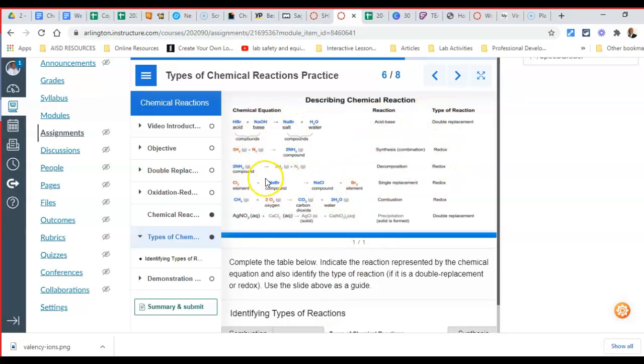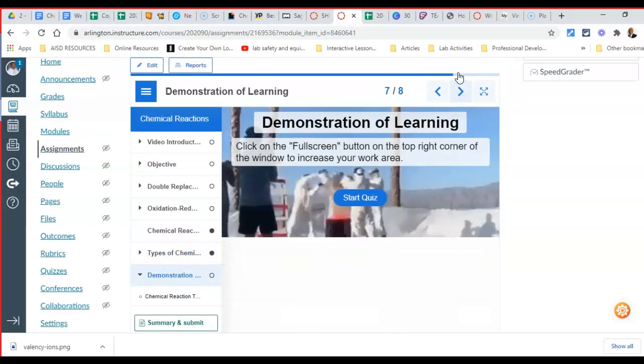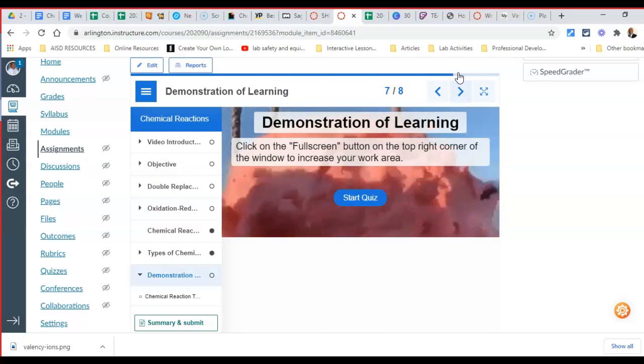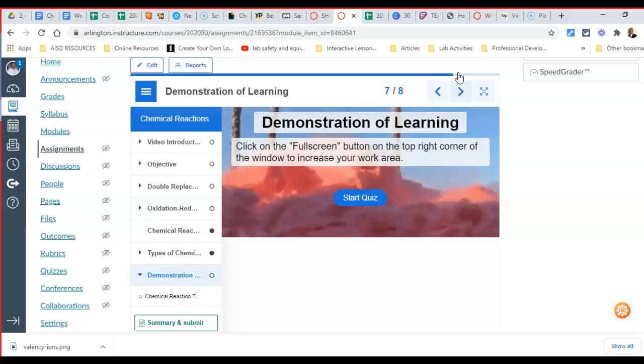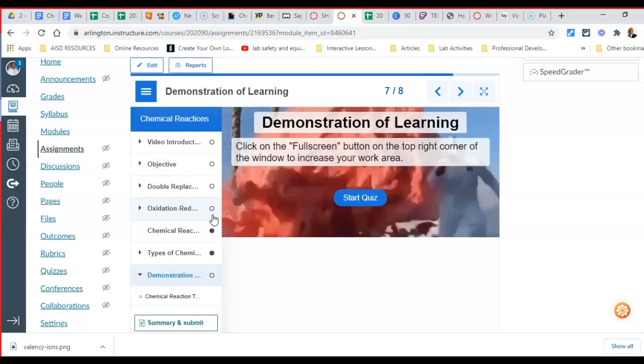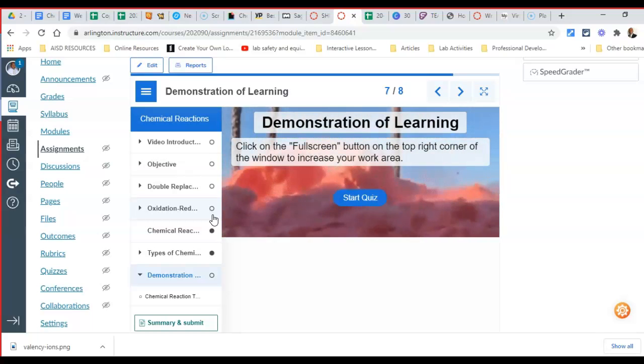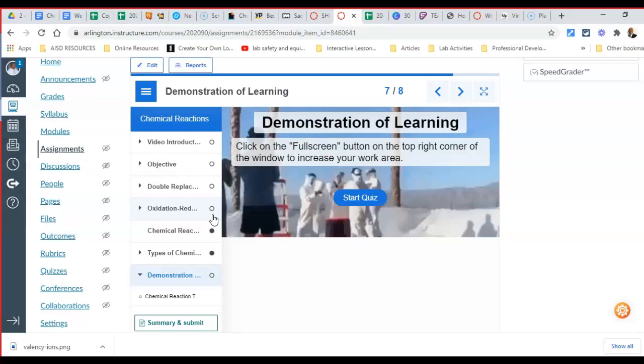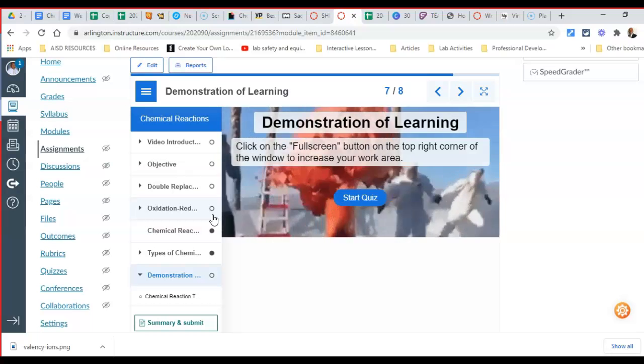Then look at this example to help you complete that. And then the last part is just the short quiz. I think it should be about 4 or 5 questions based on your understanding of the different types of reactions. And that will be it for chemical reactions.